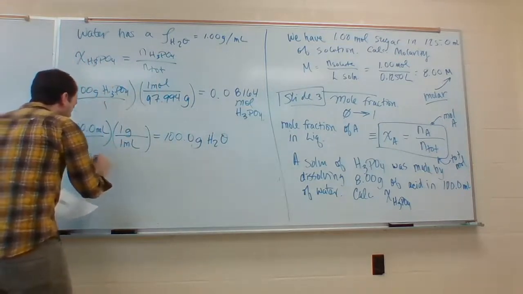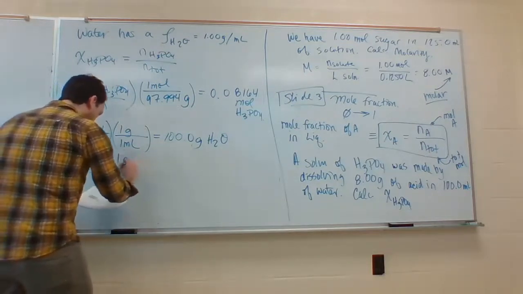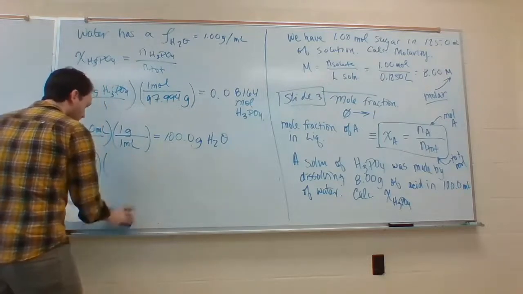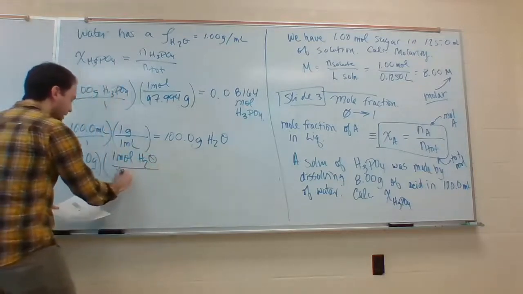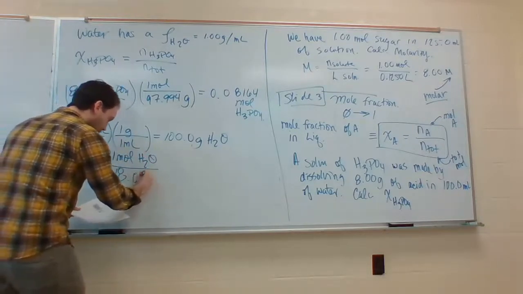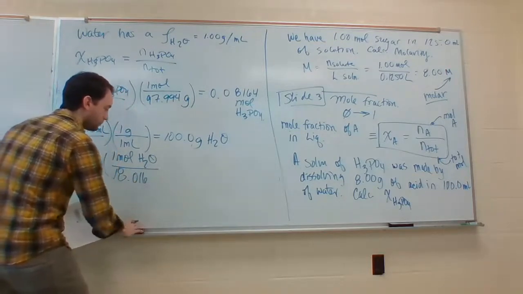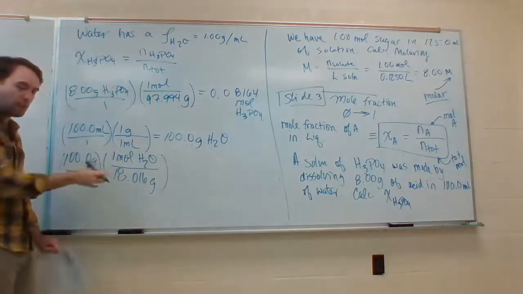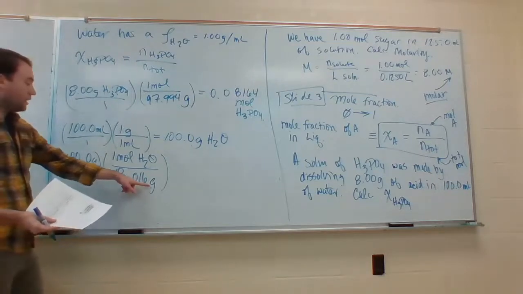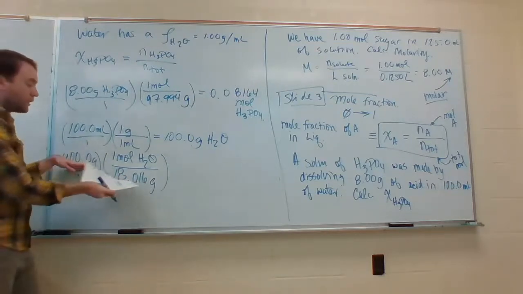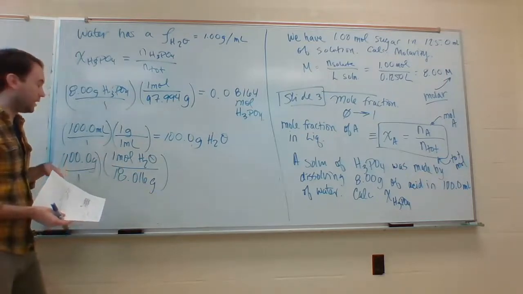We have 100 grams of water, and 1 mole of water goes over 18.016 grams of water, again using the molecular weight. Since we're starting with grams and want the grams to cancel, we put the grams on the bottom and the 1 mole on top.